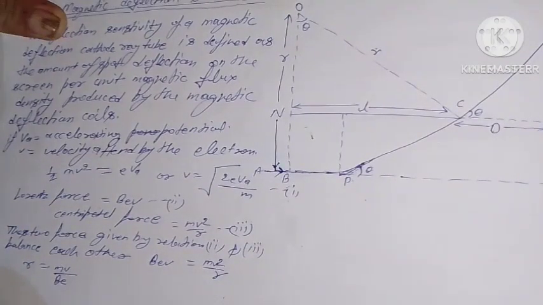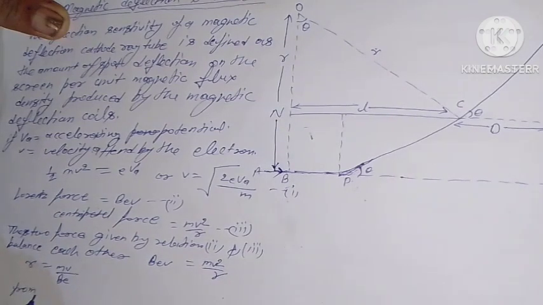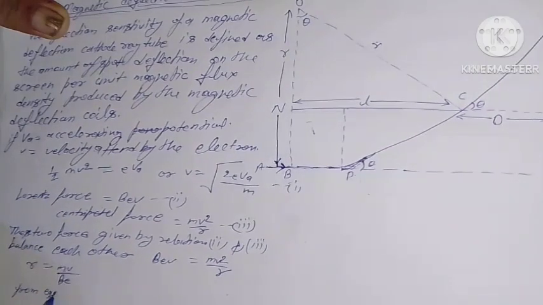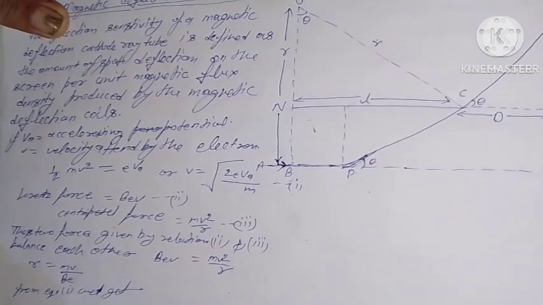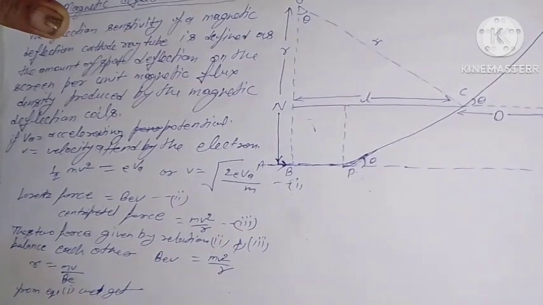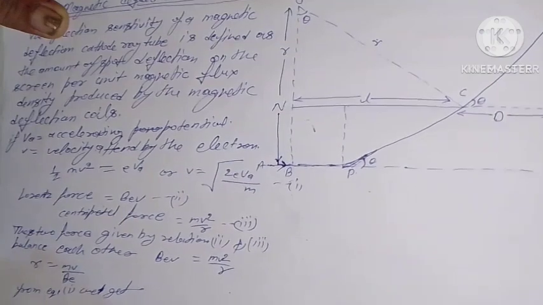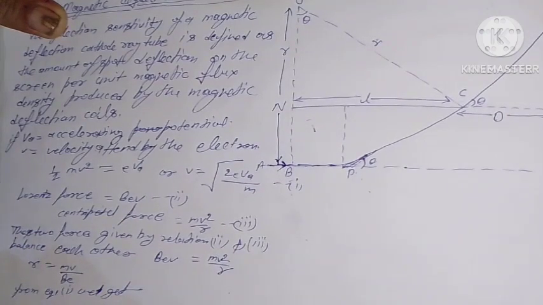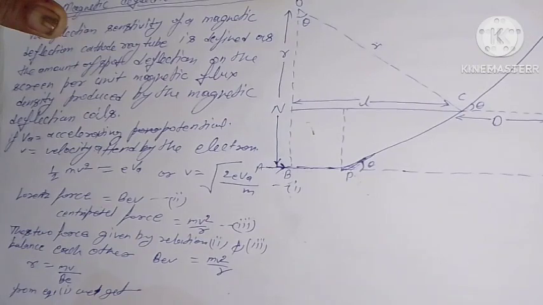Substituting the value of v from equation number 1, we get r equals m by Be under root of 2eVA by m, that is 1 by B under root of 2mVA by e. This is equation number 4.